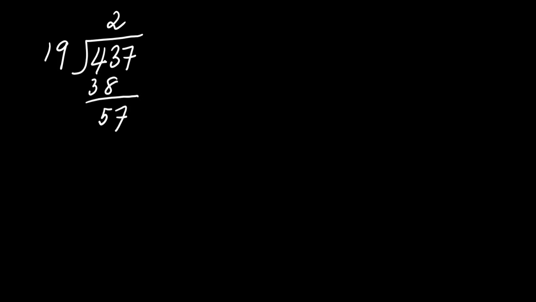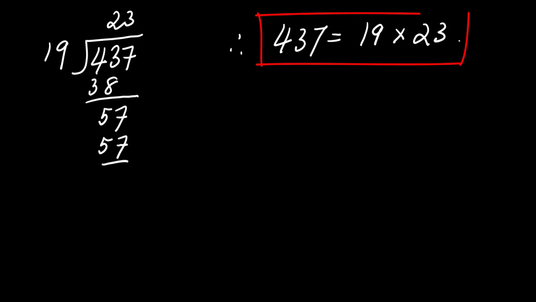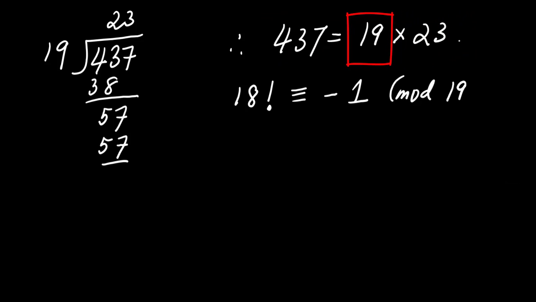Through long division, we confirm that 437 is a composite number, where 437 equals 19 multiplied by 23. We already know from Wilson's theorem that 18 factorial is -1 modulo 19.